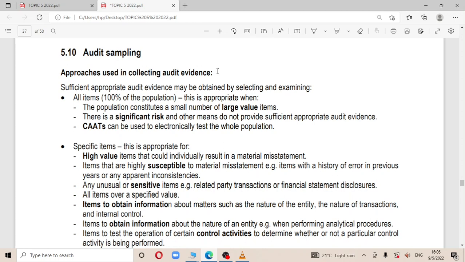There's a formula for sample size. The big N divided by the small n. So how do you get a small n? Remember the big N is the number of the population, then the small n. So how do you determine the small n?